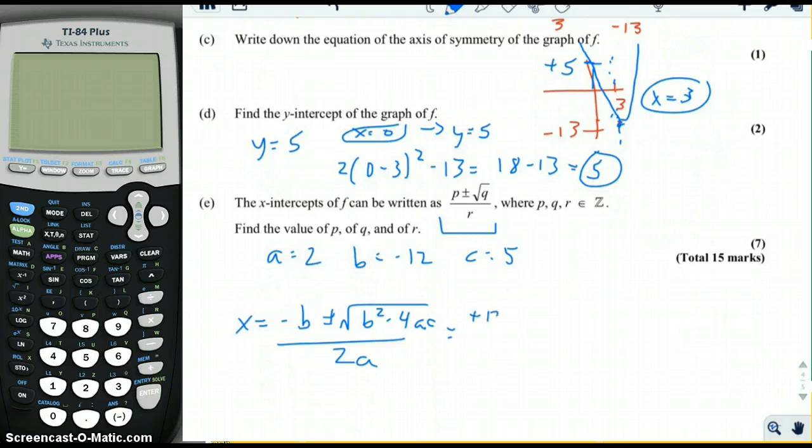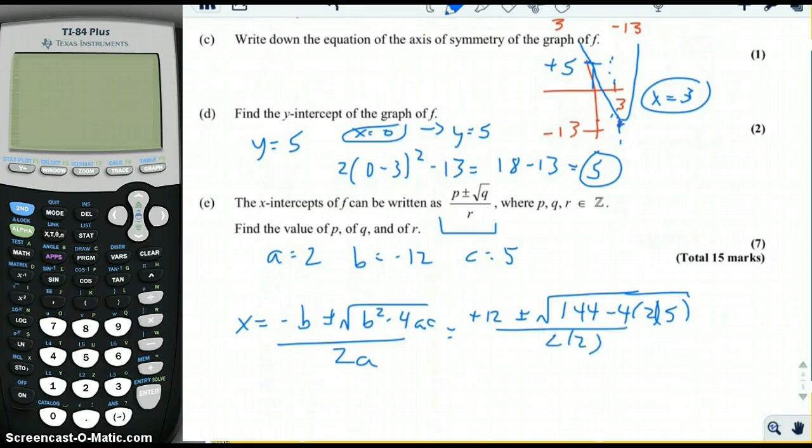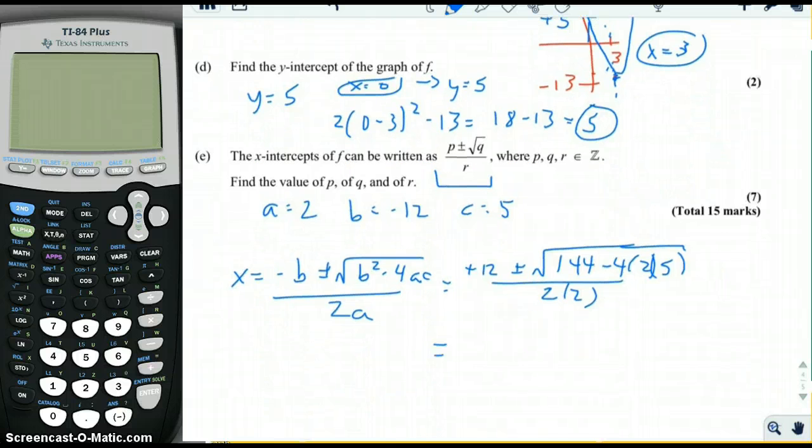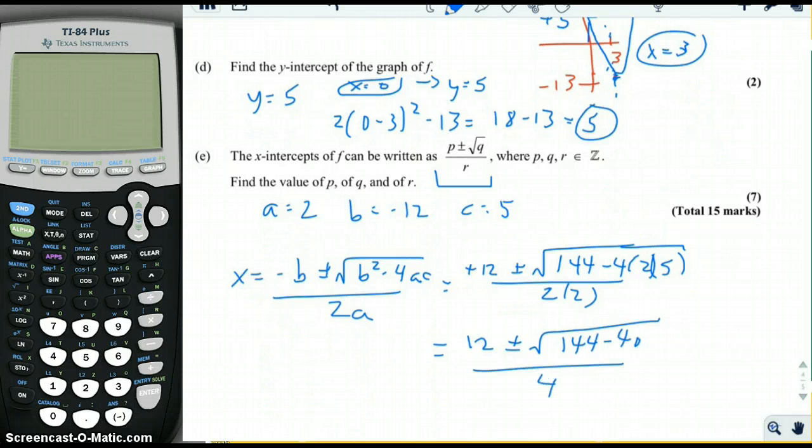So that would be plus 12 plus or minus the square root of 144 minus 4 times 2 times 5, all over 2 times 2. So that would be equal to 12 plus or minus the square root of 144 minus 40, all over 4.